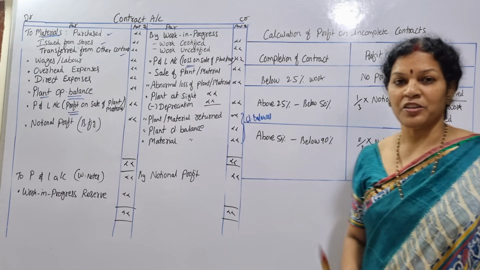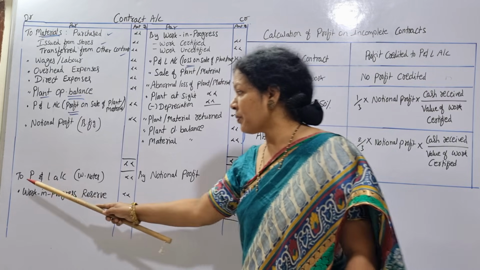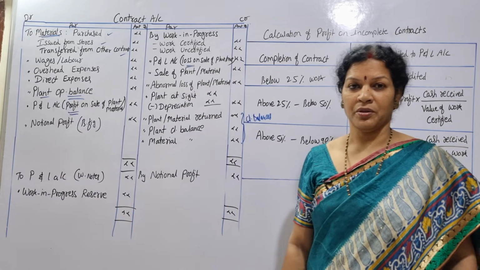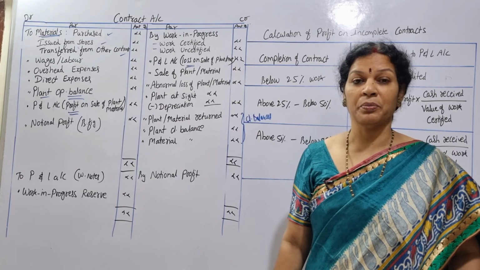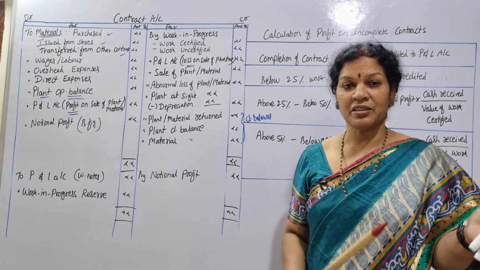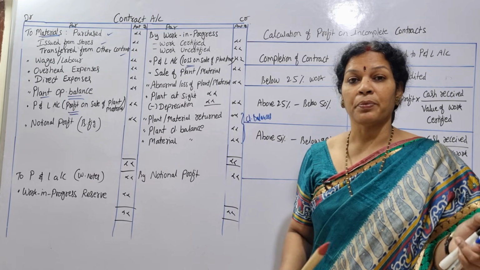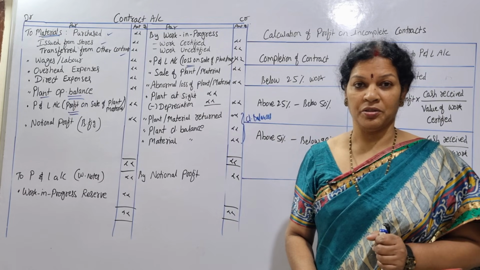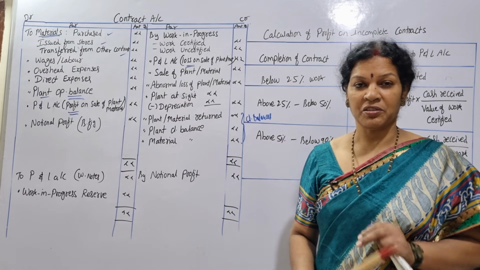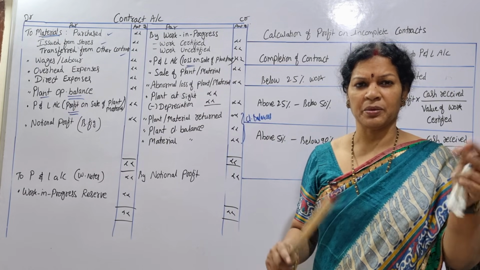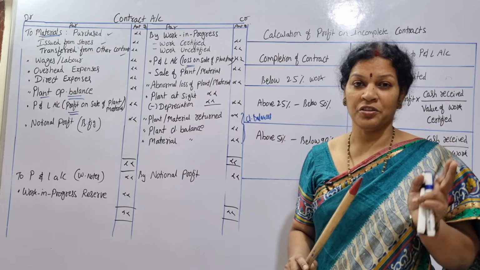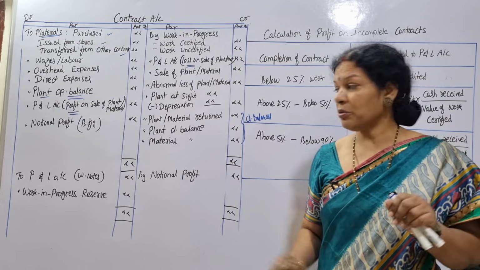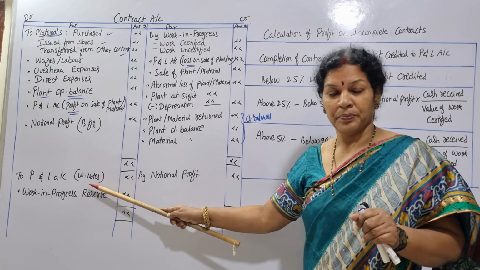Here one important aspect you have to remember, that is the profit and loss account calculations you have to do. What does this profit and loss account mean? According to whatever work is completed, some profit will be calculated. Suppose 20% completed, 50% completed, 70%, on whatever work is completed, we have to do the profit calculations.